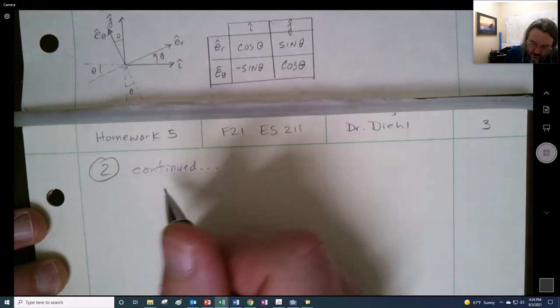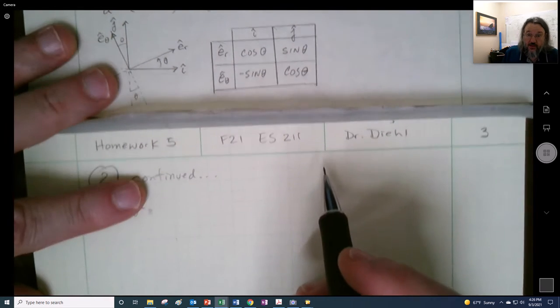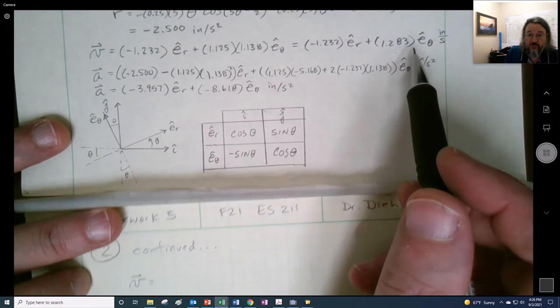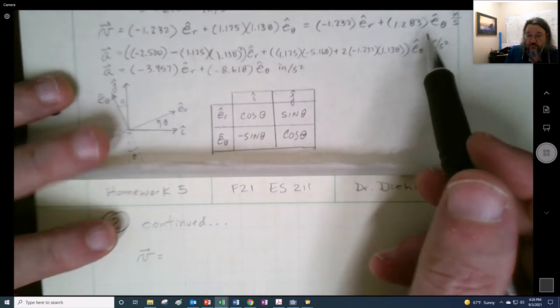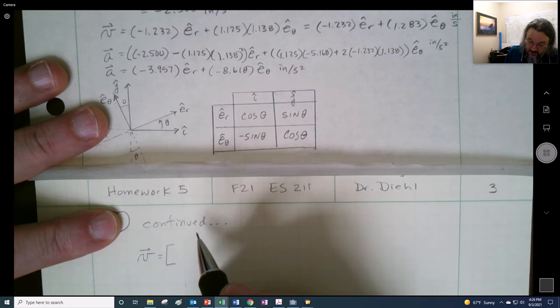Okay, so we take the velocity here, and we have 2 parts to it, right? We have this part and that part. So applying our coordinate transformation, I'm going to do everything in the I direction first.